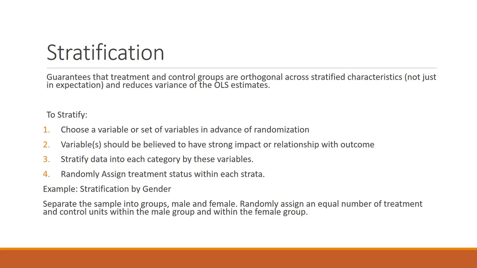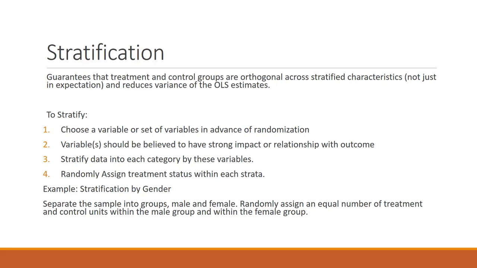Stratification is a procedure where we guarantee that the treatment group and the control group are going to balance for a specifically determined variable. So what happens is I pick some variable, some characteristic, and then I will guarantee that my treatment group and my control group are going to balance across that variable.